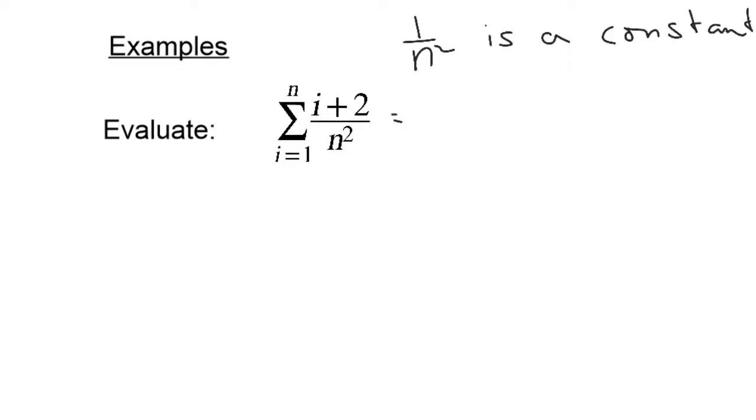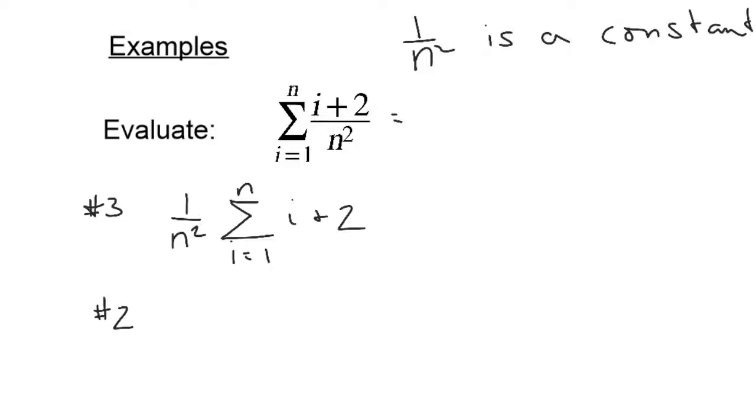So I can say this equals 1 over n squared times the summation from i equals 1 to n of i plus 2. That was property number 3.